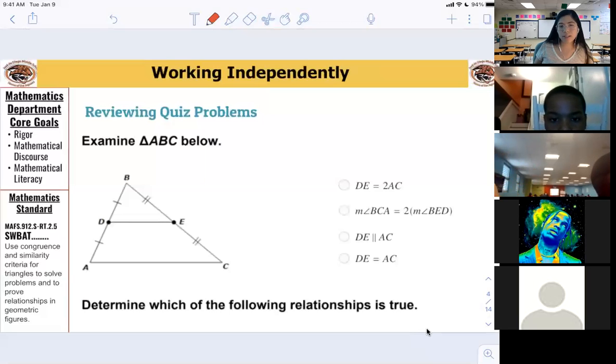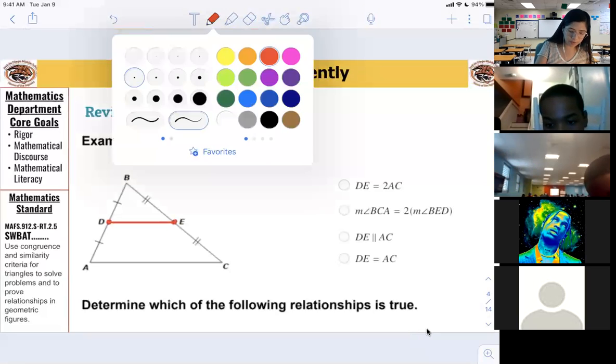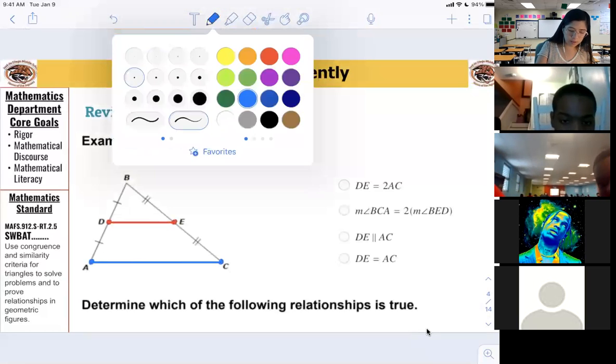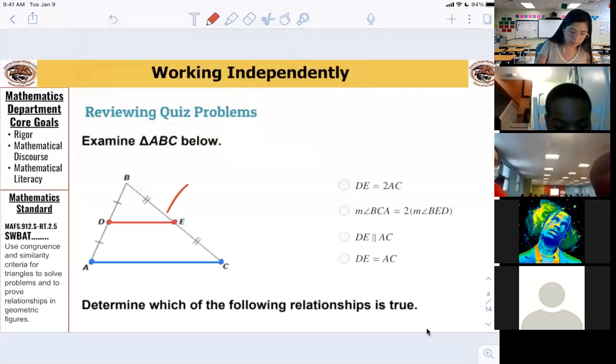What is different? Can we give it a name? DE is half of AC. Good. DE is half of AC. And what is DE called? The mid segment. Good. This is my mid segment.